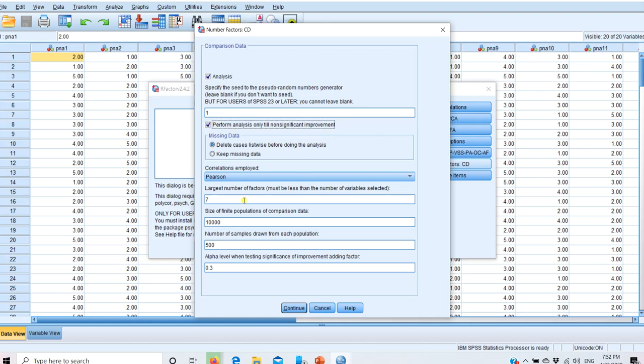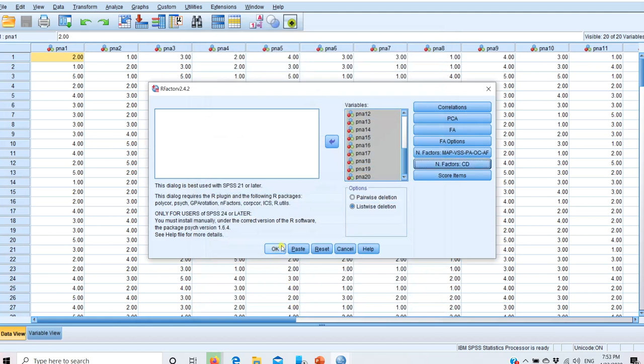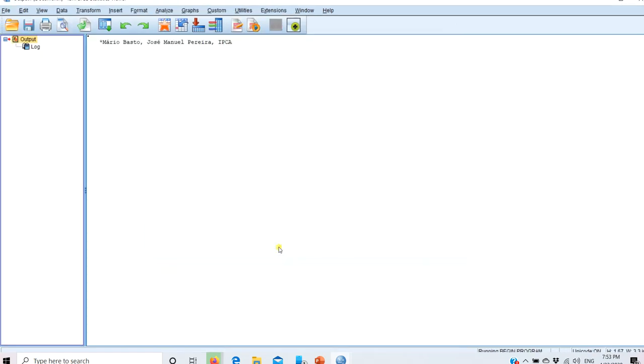The largest number of factors: here I have given 7, you can, this is having 2, you can change it to 5, but it should be higher than the expected number of factors. So after checking all these boxes, just continue and then click OK.